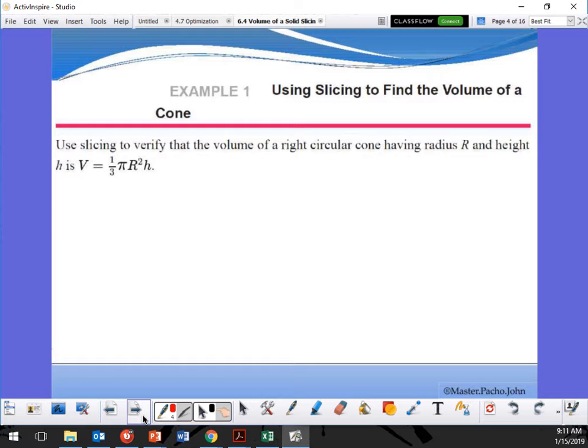All right, so using slicing to verify that the volume of a right circular cone having a radius of r and a height of h should be this. Okay, so let's verify what we're talking about. Here's my cone.